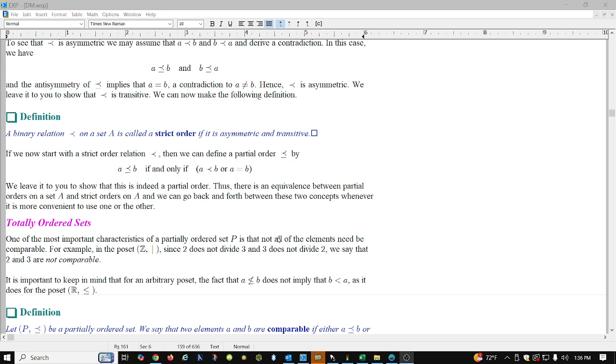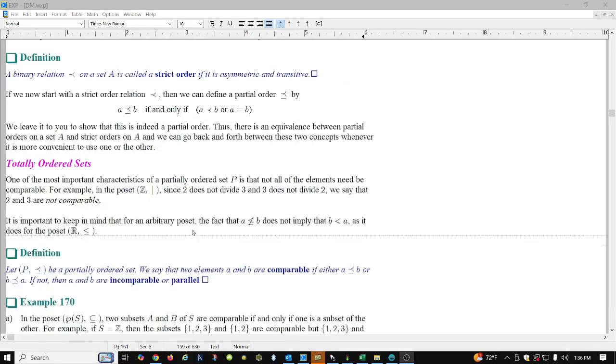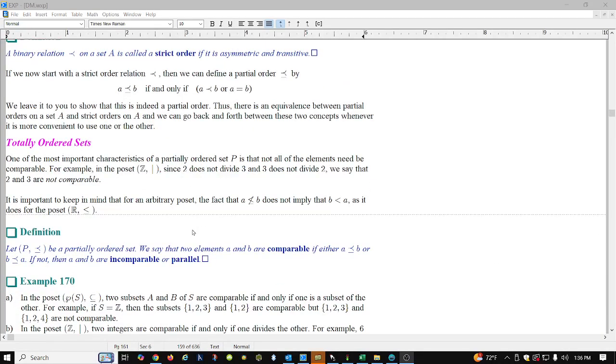Because if we always required comparability, we would lose a lot of important relations, like set inclusion, like divisibility. If, however, a partial order does have this property, then that's worth some special attention and some terminology.